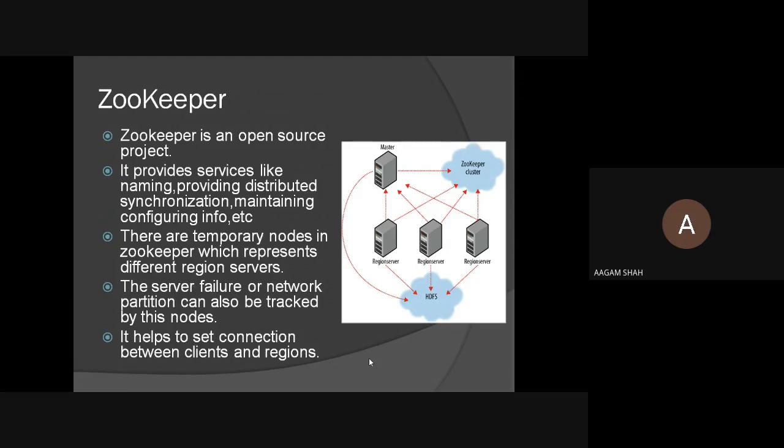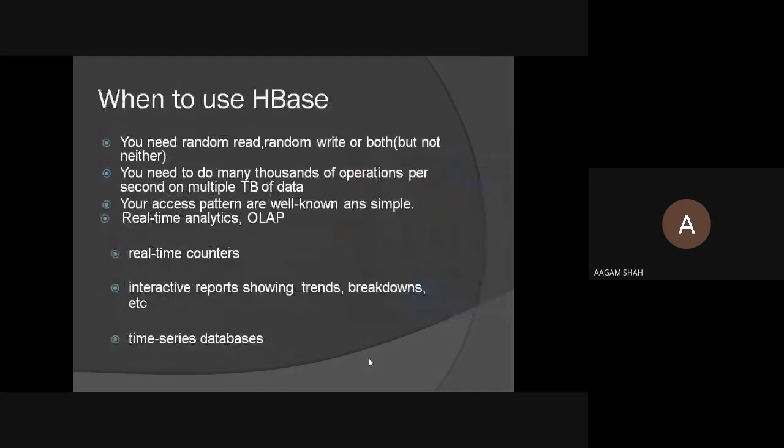It helps to set up the connection between clients and regions. In this image, we can see the Zookeeper cluster, which is associated with the different region servers, and the master is also associated with the Zookeeper cluster. And all this comes under HDFS, that is the Hadoop Distributed File System.